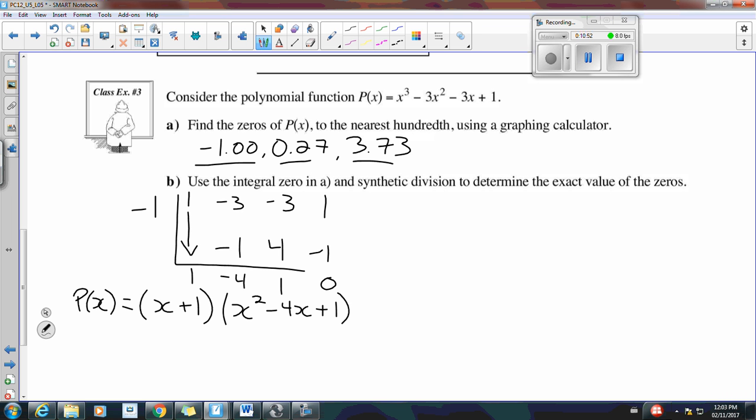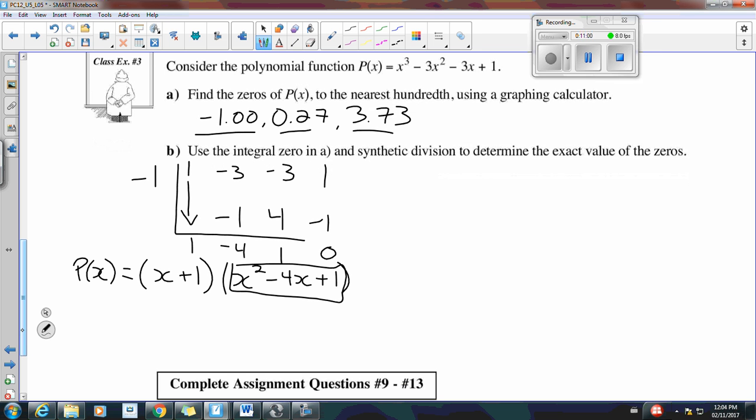But it asked us to find the exact values of the zeros. Well, how do we find an exact value of a zero of a quadratic that we can't factor? We use the quadratic formula. So we're going to substitute in.